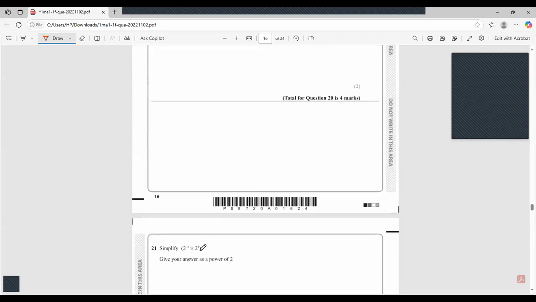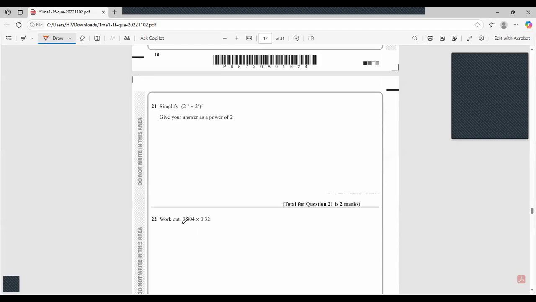Are you sure you can do this one, these indices? Because this one is a different question. I know you can do this one. This one is quite straightforward. It's just multiplication. But I don't know your stand on indices, if you're good with it. You just add the two inside numbers, right?